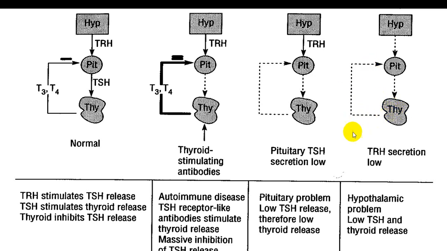So in this condition, T3 T4 will be low, TSH will be low, and TRH will be low. So this will be what we call a tertiary or hypothalamic induced hypothyroidism. This is pituitary induced hypothyroidism. Now they use both together, secondary hypothyroidism, which may be pituitary induced or may be hypothalamic, also called central axis defects.